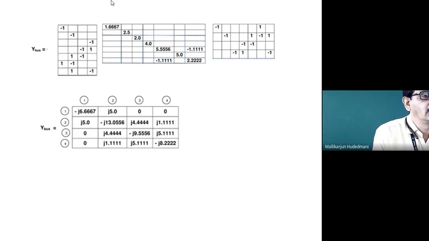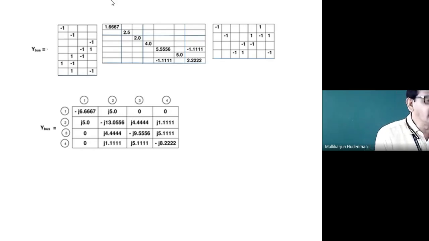It's clear. So I should be very careful how I get this answer of 4 cross 4. Because there are 5 buses, of course. So this way things work and resolve into a pattern.